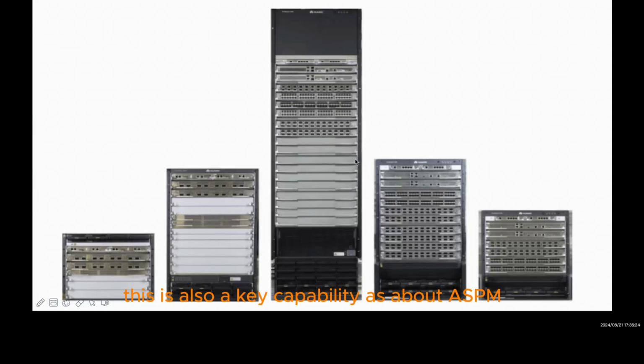This is also a key capability of ASPM. We can consider Apiiro a chassis. You can use any functions you want, like a line car, insert them into this chassis and build your own platform. This is the advantage of the Apiiro ASPM platform.